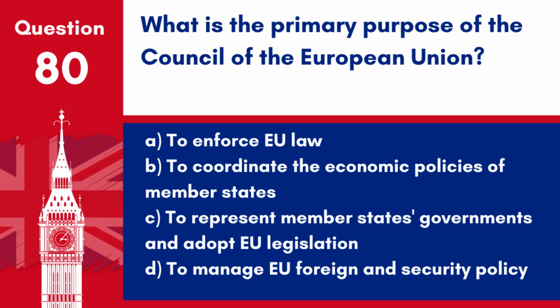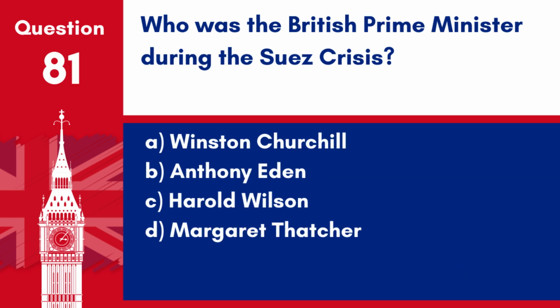D. To manage EU foreign and security policy. Answer: C. To represent member states' governments and adopt EU legislation. The Council of the European Union represents the governments of the member states and plays a key role in adopting legislation and coordinating policies.